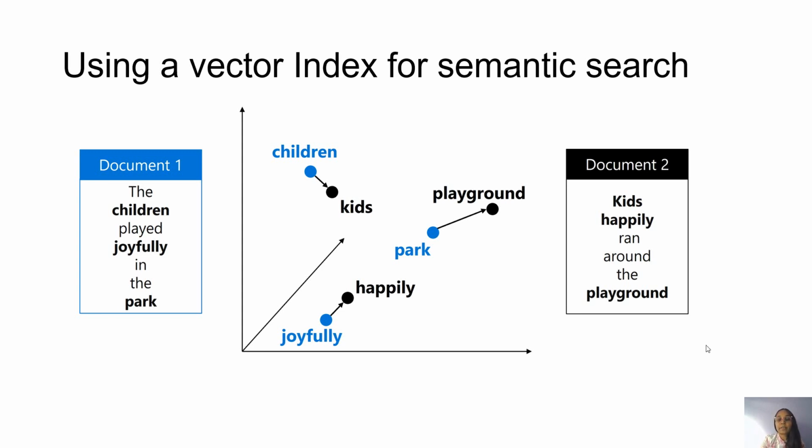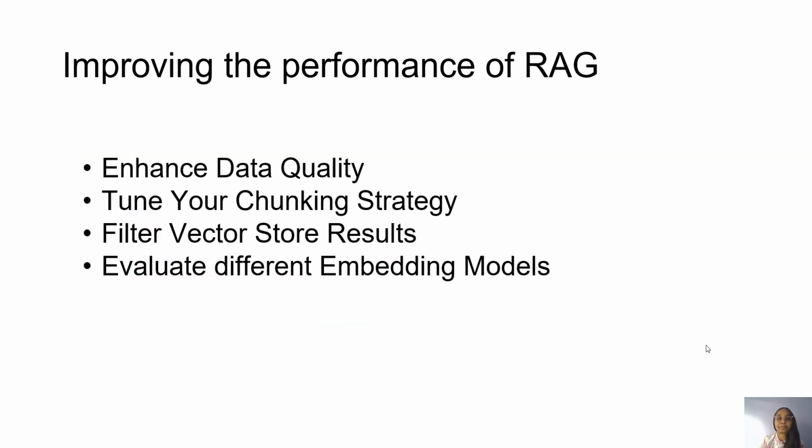Now let's look at improving the performance of RAG. Ensure that the context provided to the LLM is of high quality. Clean up your source data and ensure your data pipeline maintains adequate content, such as capturing relevant information and removing unnecessary markup.